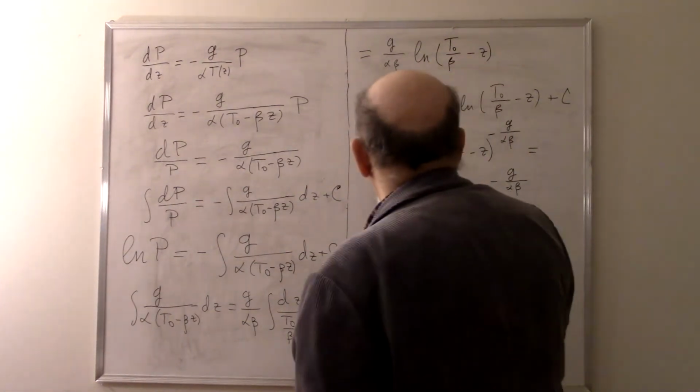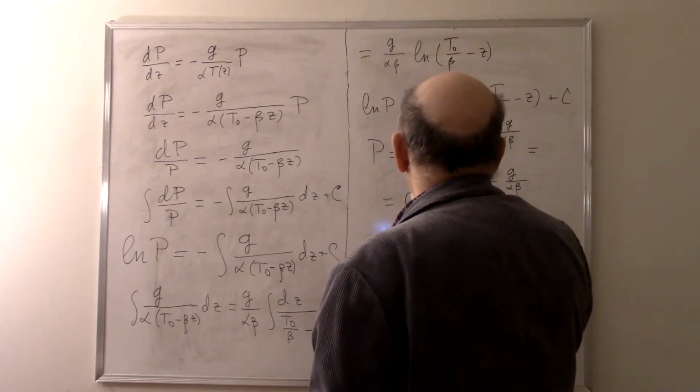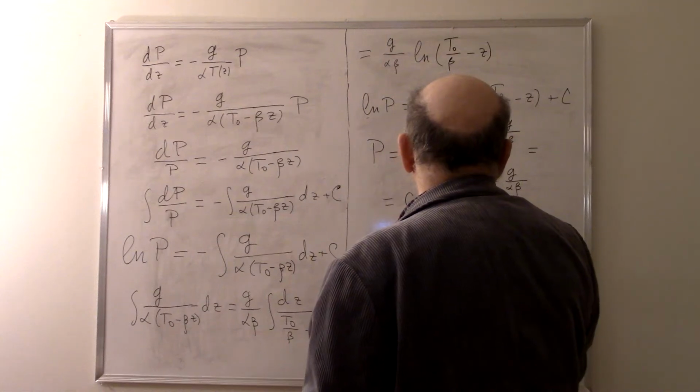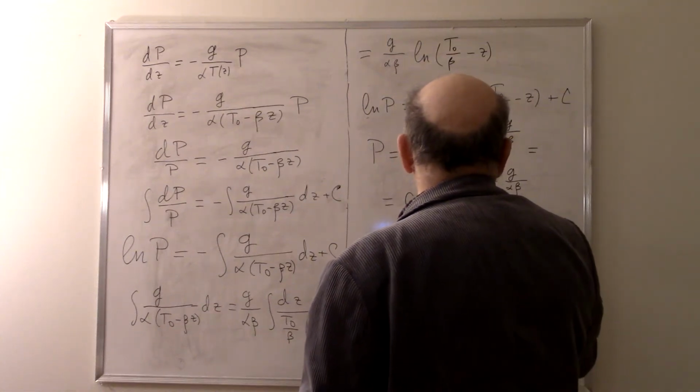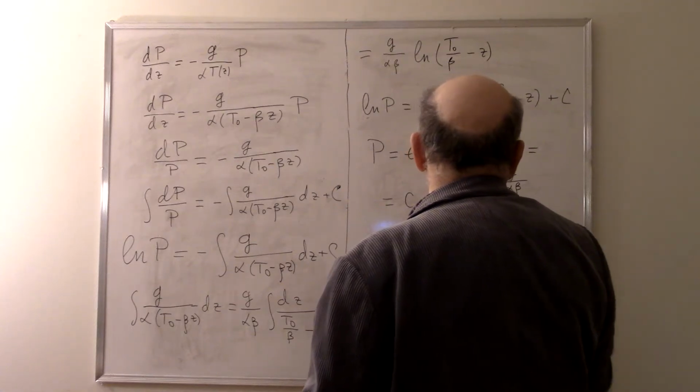So we write P of 0 equals C1 times T0 divided by beta to the power minus G divided by alpha beta.